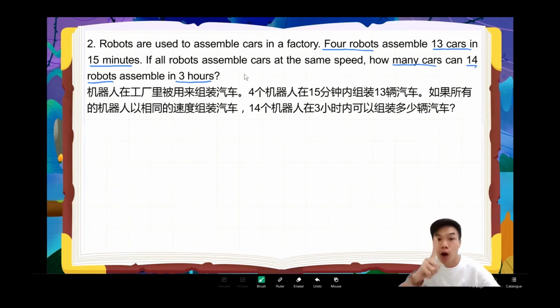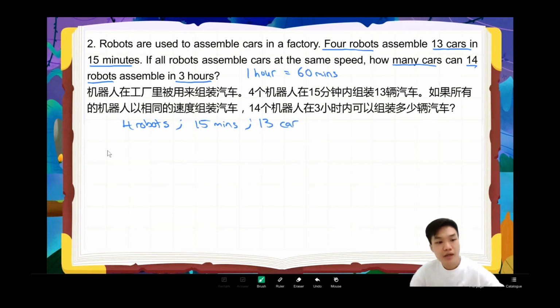Just like question number 1, we need to write down the conversion. 1 hour equals to 60 minutes, and this is very important. 4 robots in 15 minutes can assemble 13 cars. 4 robots can assemble how many cars in 1 hour?